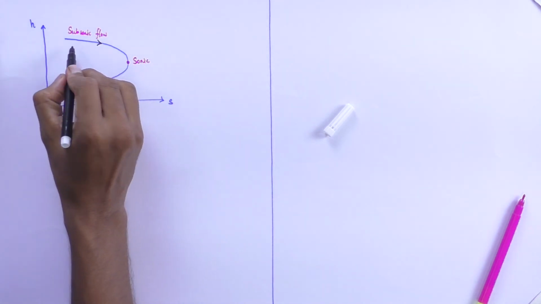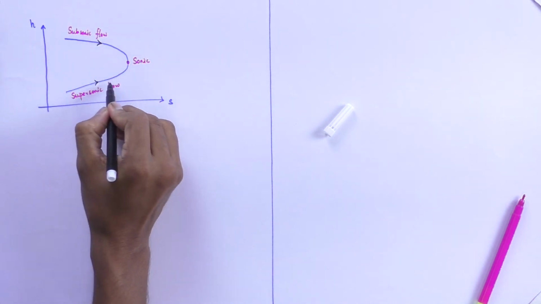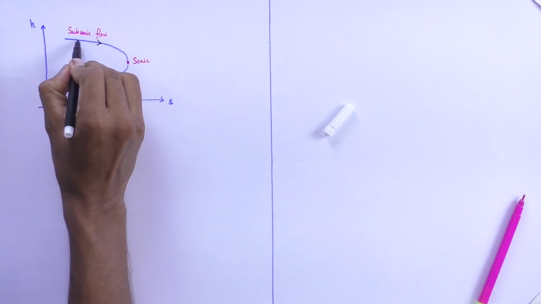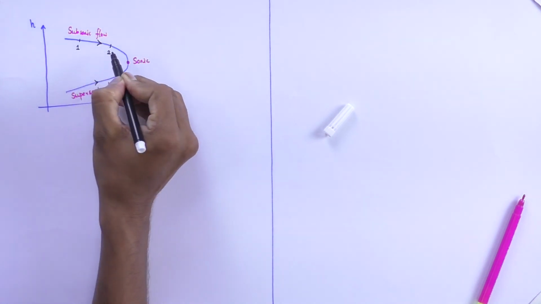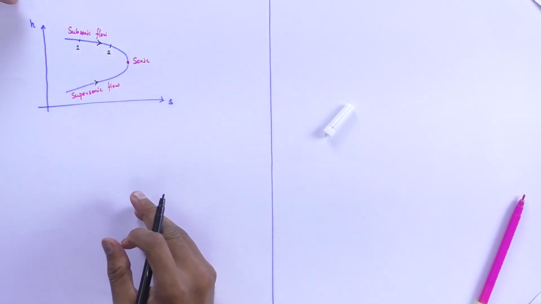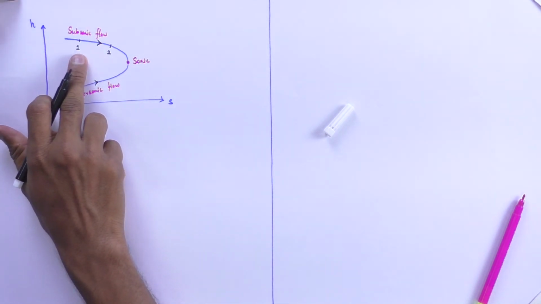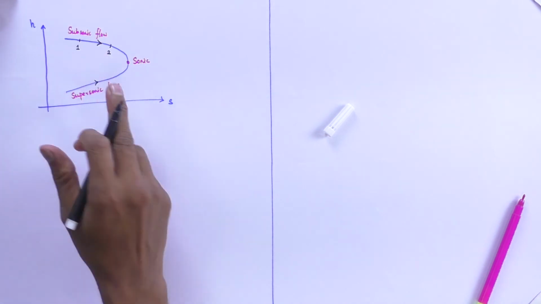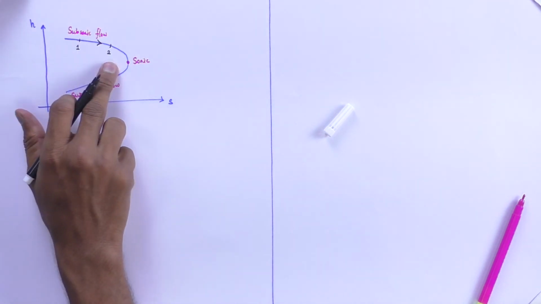Now, let us consider two state points either in subsonic flow condition or supersonic flow condition. I am going to consider here in the subsonic flow condition, one state point here and one state point here. Now, I am going to integrate the equations I got so far for the flow properties between state point 1 and state point 2. If we do that, we will get the relations in integral form between state point 1 and state point 2.